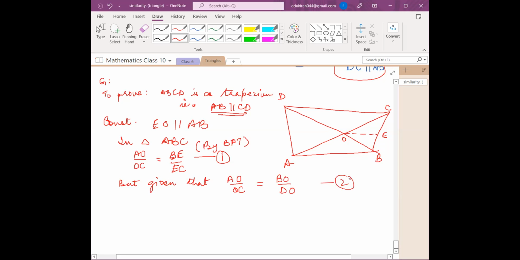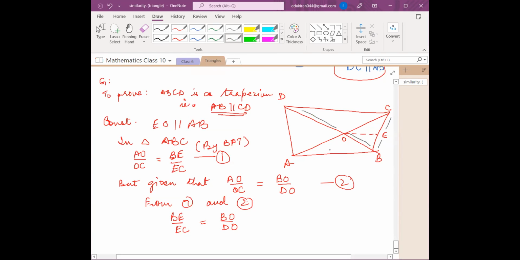Now, can you see something similar? Yes, the left hand side is the same. So from first and second, you have got BE upon EC is equal to BO upon DO. Clear? Now see the triangle. What is BE? What is EC? So BE is this, EC is this, and BO is this and DO is this.